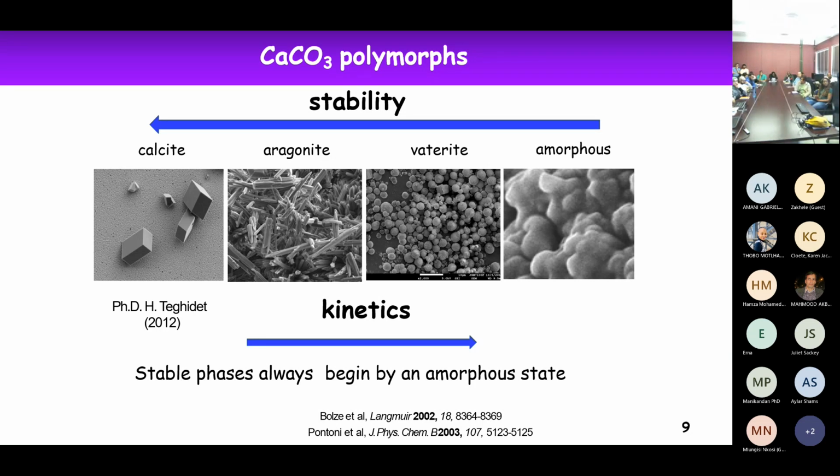But from a kinetics point of view, the easiest way to form calcium carbonate is to form the amorphous calcium carbonate, and then you can form vaterite, aragonite, and calcite. Actually, the amorphous calcium carbonate and the vaterite are metastable phases, which means that they can easily transform into either aragonite or calcite.